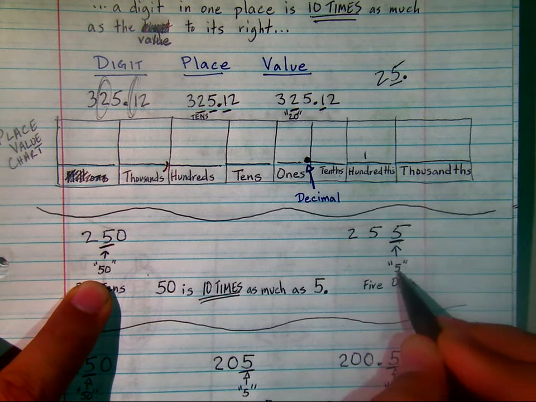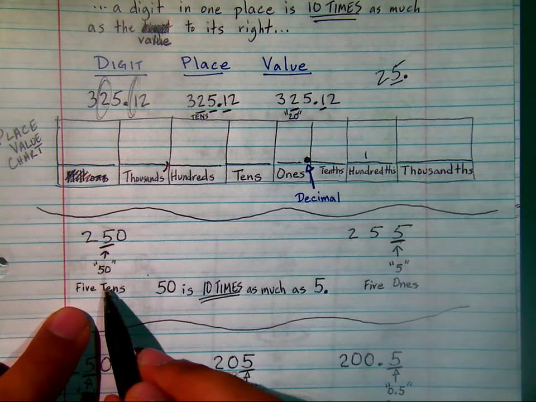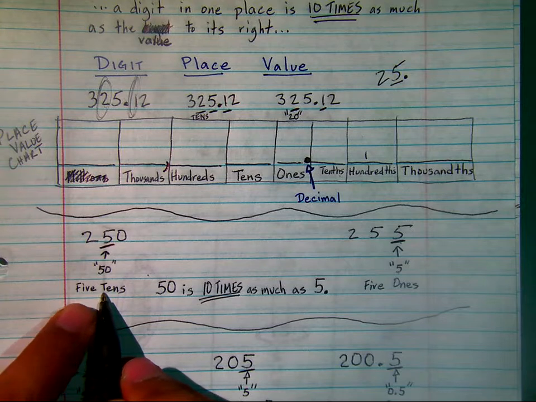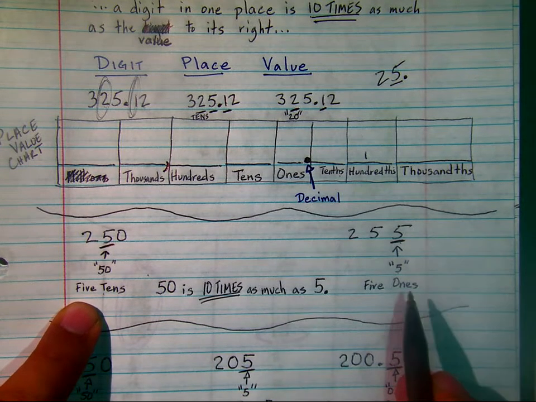When you compare the 5 ones to the 5 tens, it's pretty easy to see that 5 tens is 10 times as much as 5 ones.